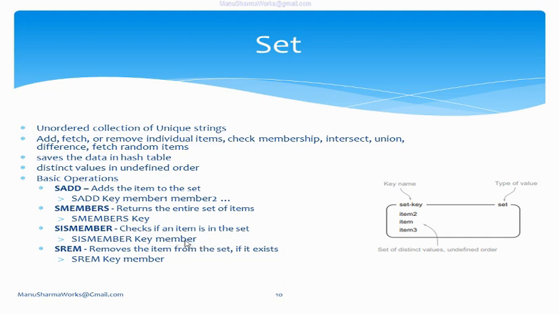In case I pass some value like item 4, which is not in this set, it will return 0. So it indicates that this value is not present in the set.